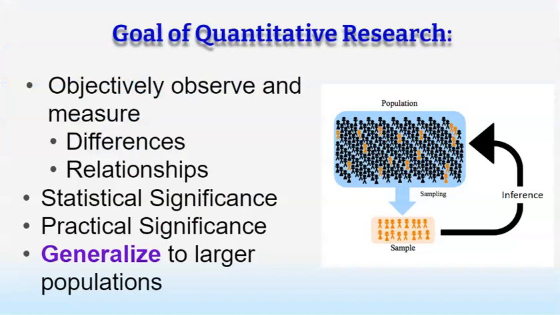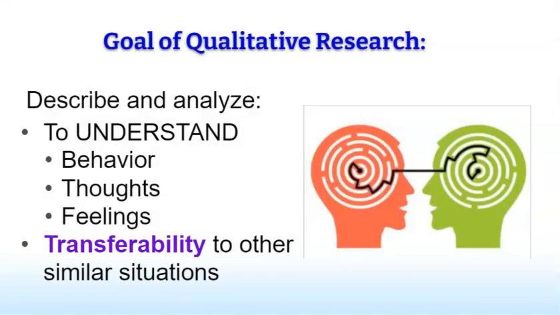The goal of quantitative research is to generalize to a larger population. We want to objectively observe and measure differences or relationships between variables. In quantitative research, we're looking for statistical and practical significance. In qualitative research, our goals are a bit different.